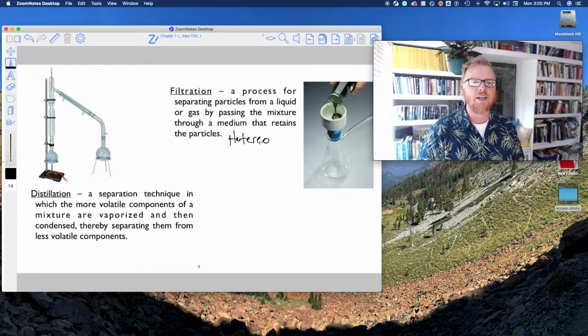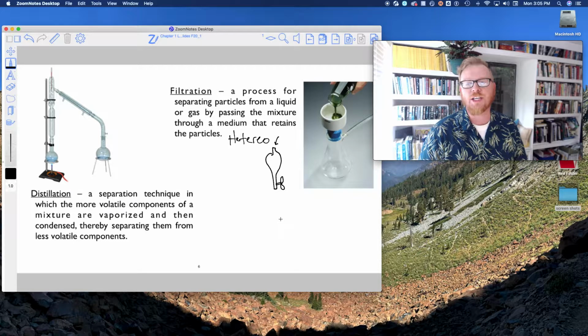With filtration, there's a physical barrier that would keep, for example, the solid chunks from remaining up here, but would allow the liquid to pass through. There are also these very cool devices called separatory funnels that look like this. It's got this bulb and a little opening where you can pour the liquid in, and there's a little valve here that allows you to either open or close it.